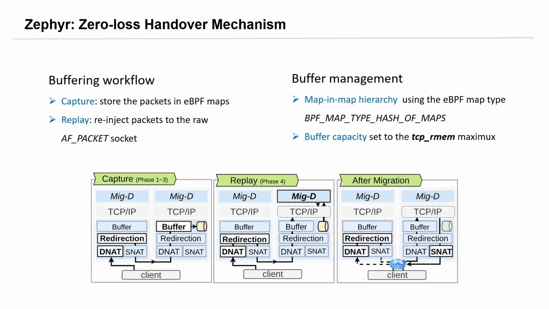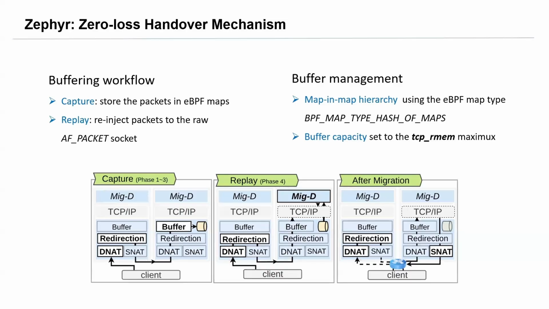Now, let's get more into the zero loss handover mechanism in detail. Here is the picture of the buffering workflow. During the capture phase, the data sent from the client will be redirected to the destination, and the buffer module in the destination will store those packets in the eBPF maps.